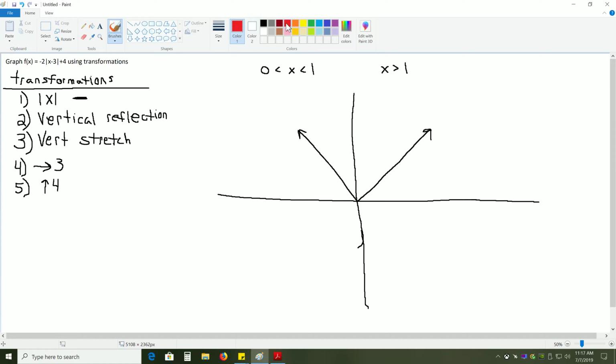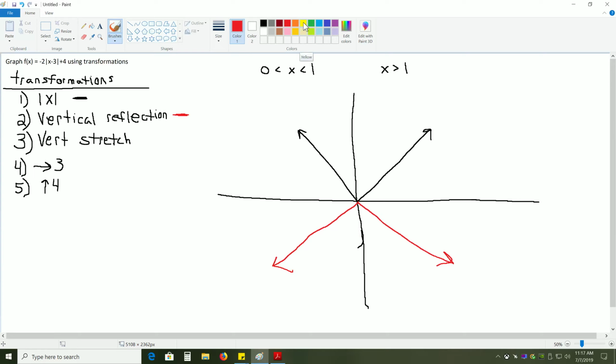I'll go ahead and switch to red for the second one. A vertical reflection means that we're going to take this entire graph and mirror it over the x-axis. So this is the x-axis. Everything above the x-axis will flip below it. Everything below it will flip above it. So this graph will look like this when we flip it below the x-axis. That is our vertical reflection.